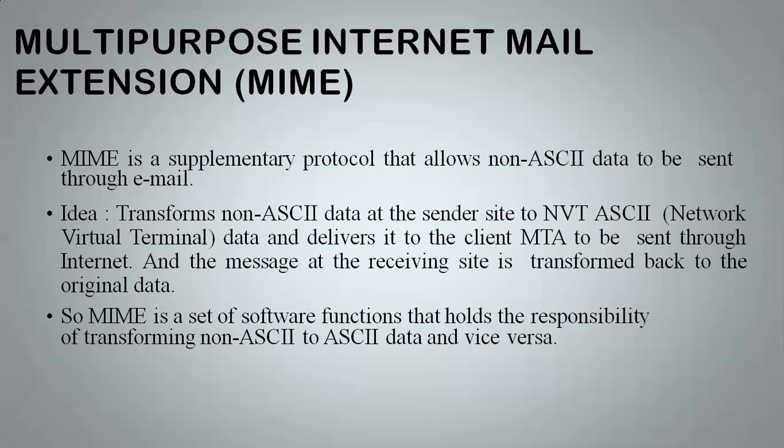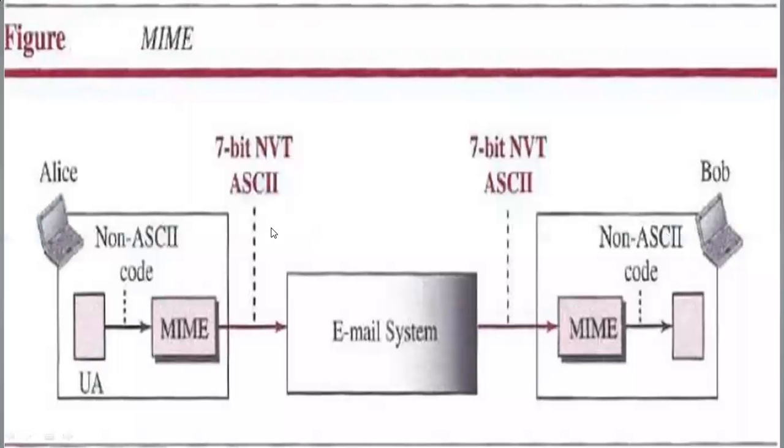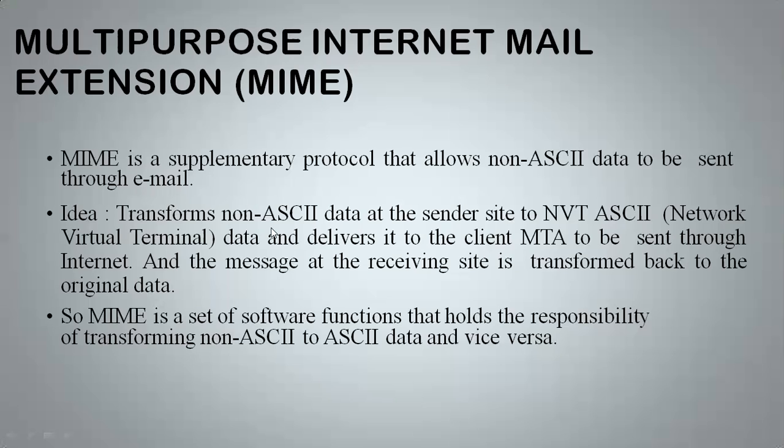Before the invention of MIME, we could not send an audio file, image file, PDF file or any other file transfer. MIME is mainly used to transfer non-ASCII data at the sender's site with the help of NVT, that is, Network Virtual Terminal. So MIME mainly helps in sending non-ASCII data other than text.